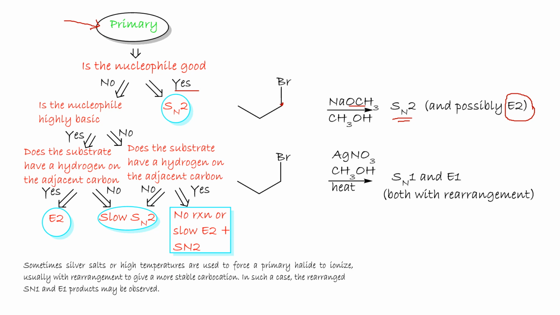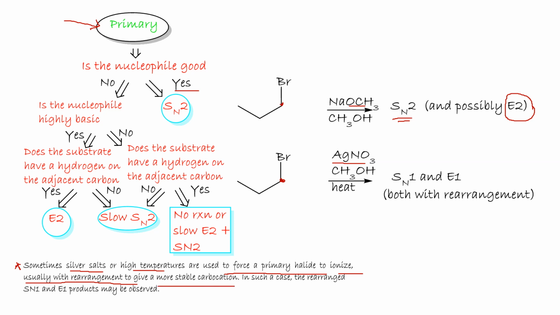Now, primary alkyl halide, but using silver nitrate as a promoter for carbocation, methanol, and heat. We have mentioned before that silver salt and high temperature are used to force primary halide to ionize, usually with rearrangement to give a more stable carbocation, right?